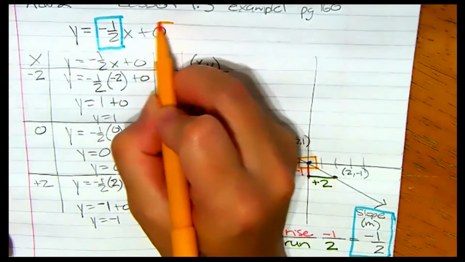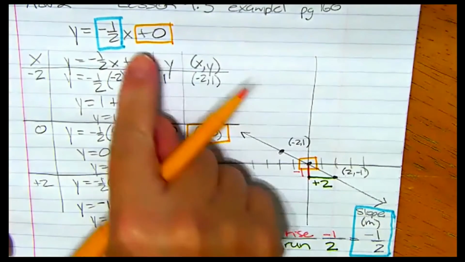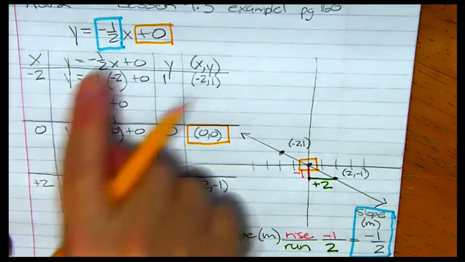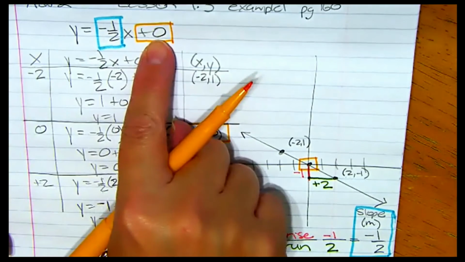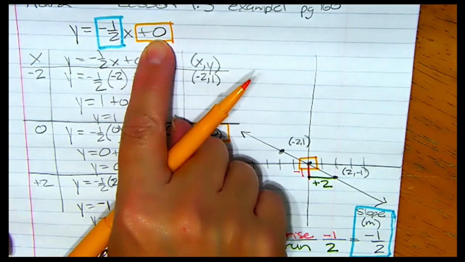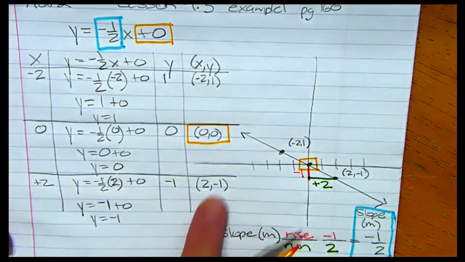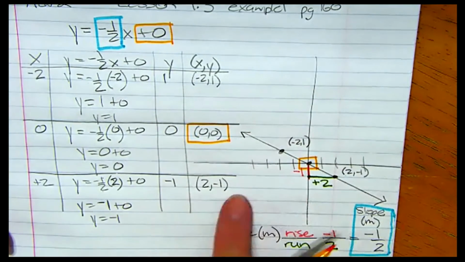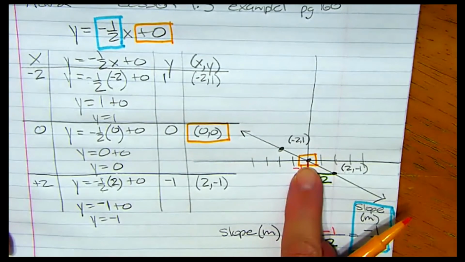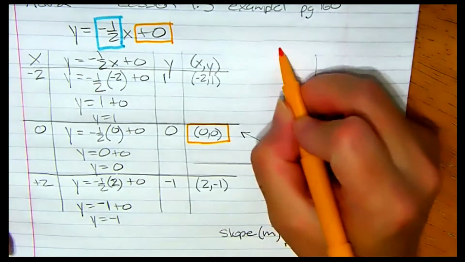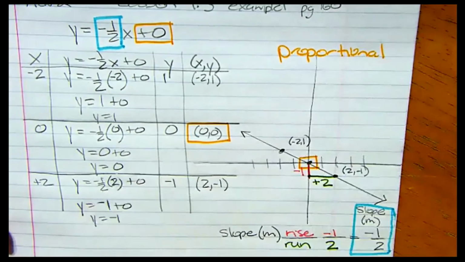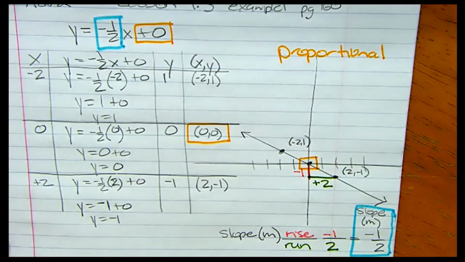So in a linear equation, on a table, if we have the ordered pair 0, 0, and on a graph, if we go through the origin, that means it's a proportional relationship.